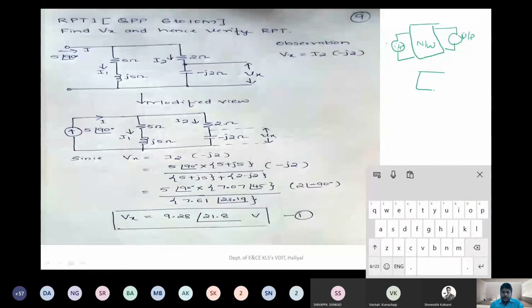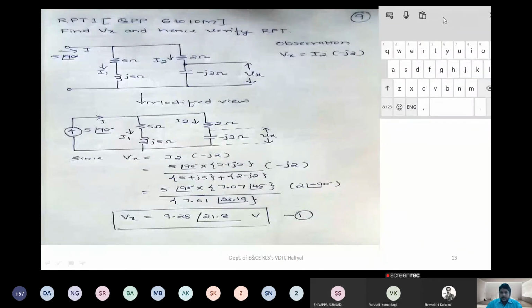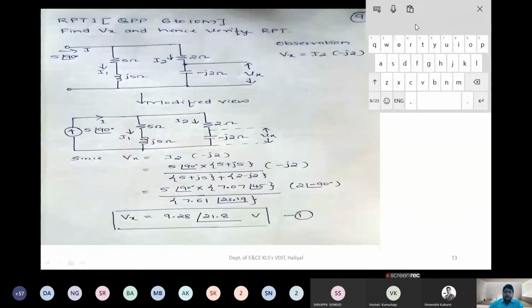Next you interchange the positions of input and output, so this becomes the output and this becomes the input, and you verify whether both outputs are the same or not. That is the meaning of reciprocity, the reciprocal of the both.